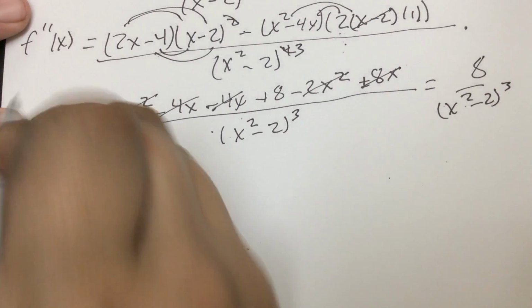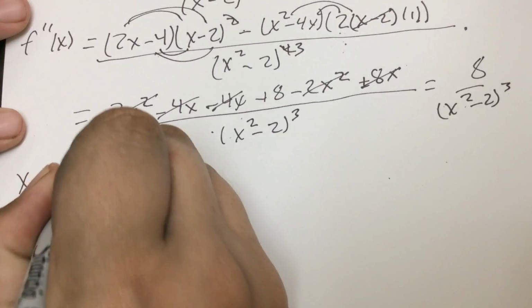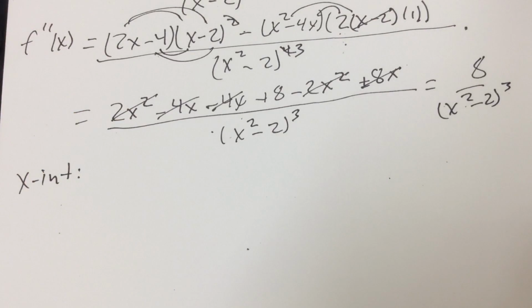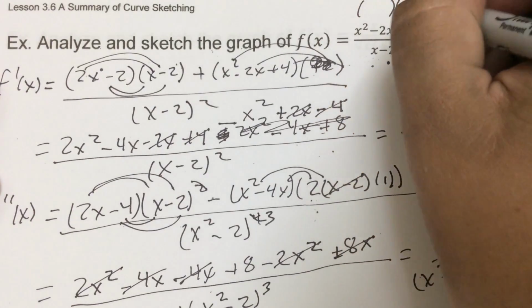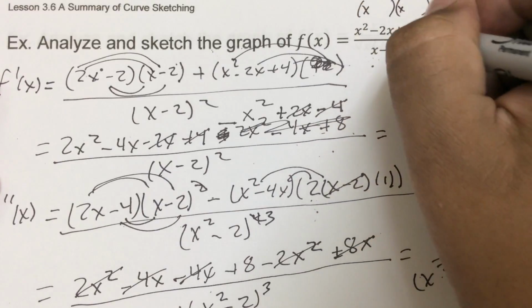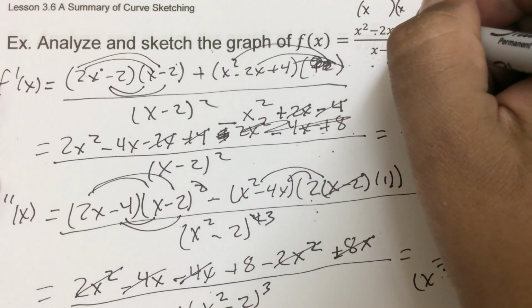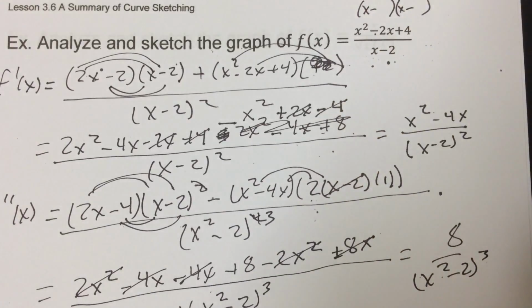So, x-intercepts. What would make that top be 0? Well, this could factor to x and x because it's a plus, both of them in the middle would have to be minus.